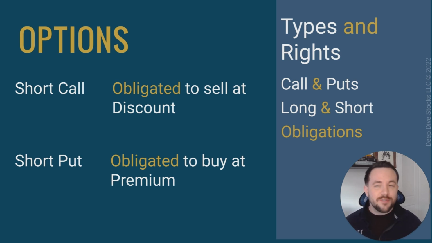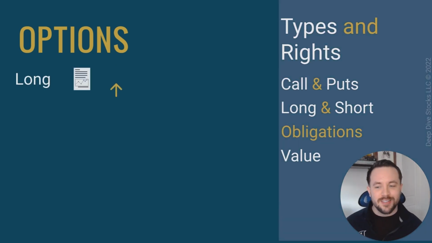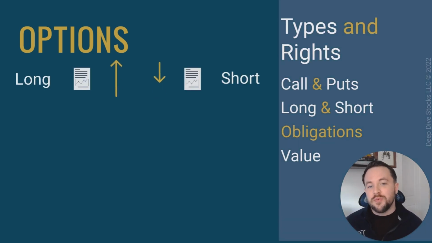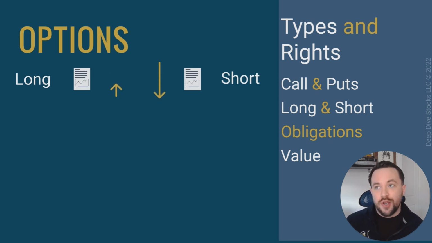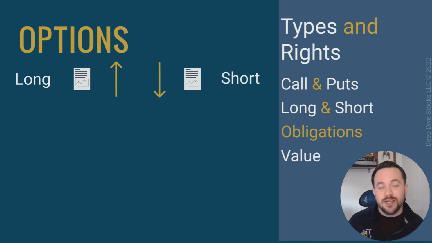So you kind of have to understand, there's always 2 sides to this little dance. When the long position increases in value, the short position decreases in value. So we see that for the 2 parties involved in the options transaction, as the value of one side increases, the value of the other side will always decrease.